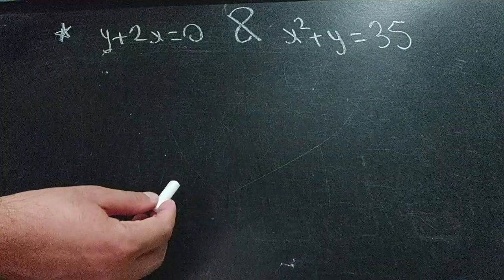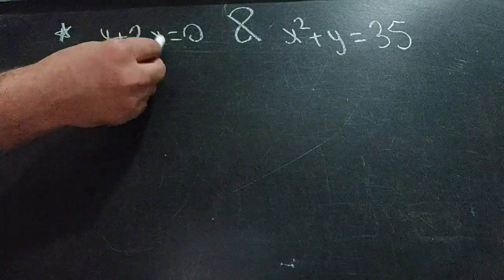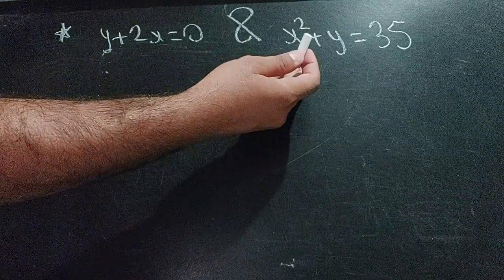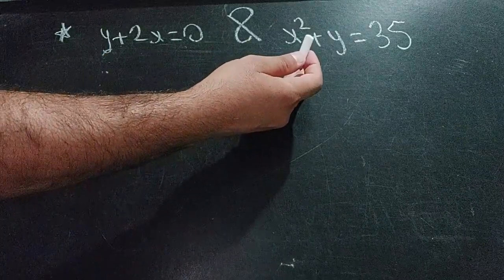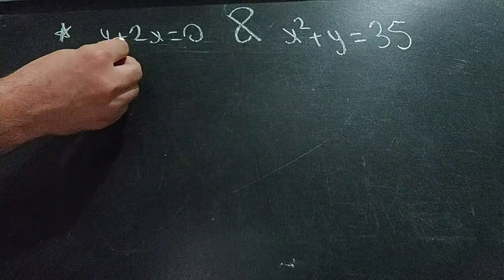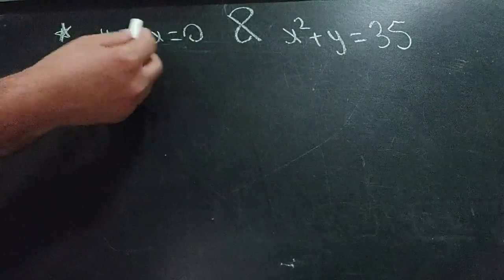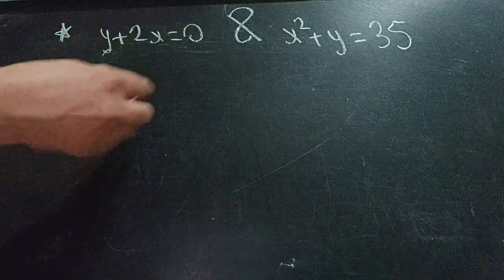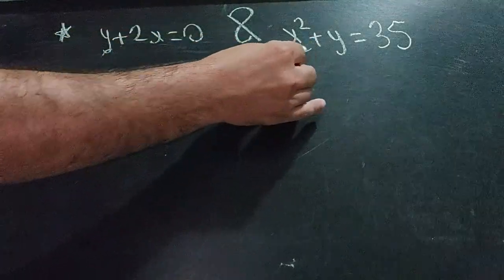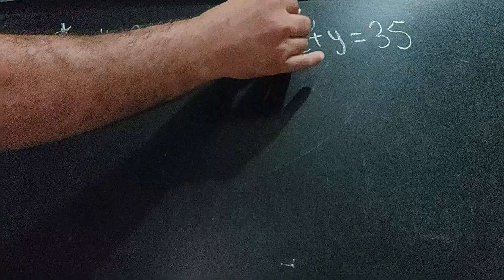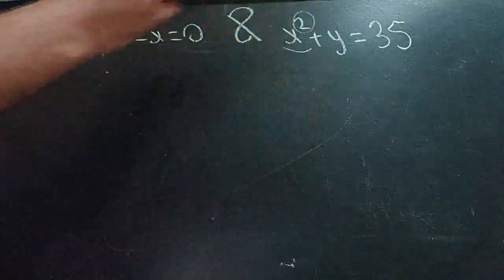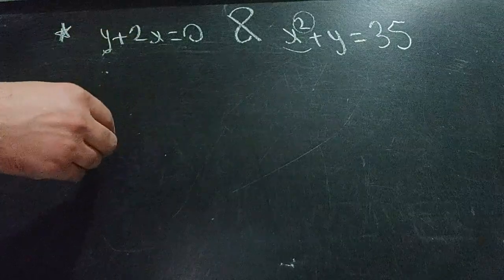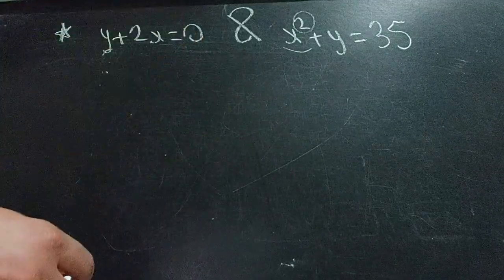To decide which letter to write instead of the other letter, we are going to check the equation. You can write x instead of y or y instead of x, that is okay, but if x has a square and you write y instead of x, it is going to be easier to solve the question.